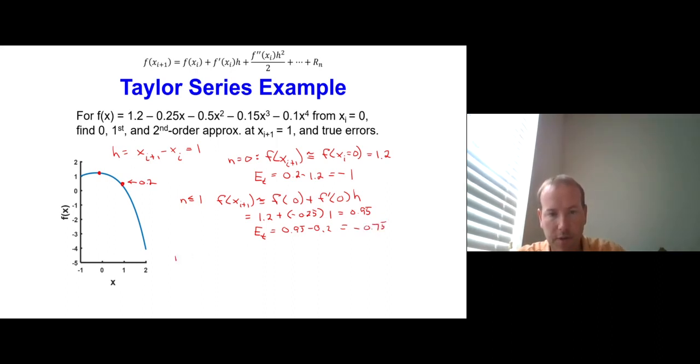And then finally, let's do a second order approximation. Our second order approximation is going to be given by f of 0 plus f prime of 0 times h plus f double prime of 0 over 2 times h squared.